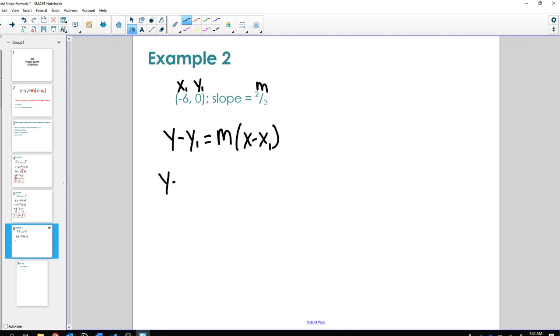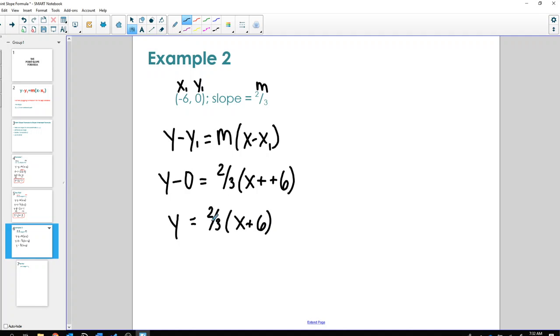Now this side is going to be y minus 0 equals 2/3 x, and now this will be minus a negative 6. Remember, minus a negative is the same as adding a positive. So when I get to my next step, y minus 0 is just y. So this equals 2/3 x plus 6.